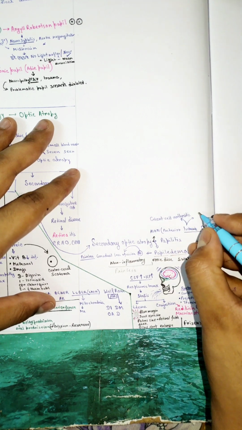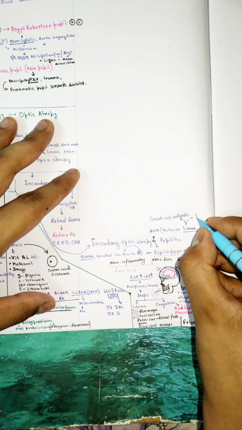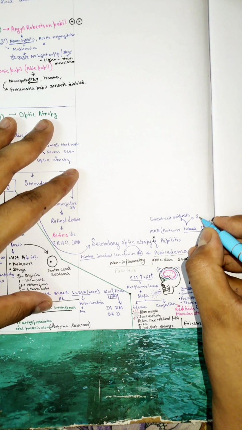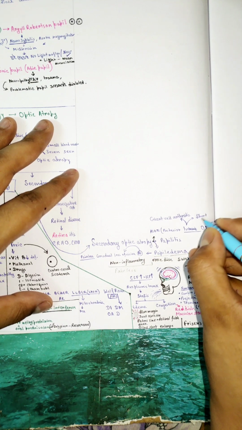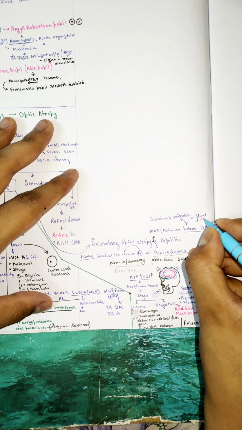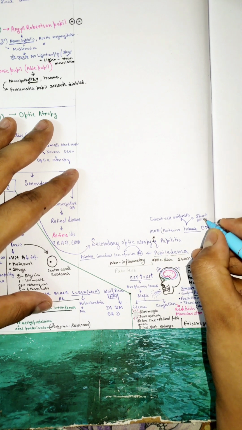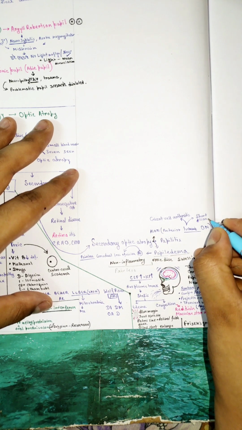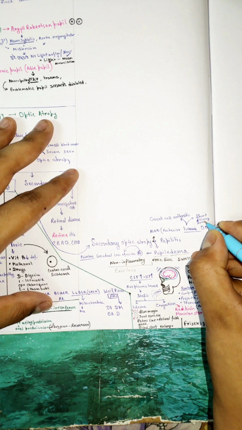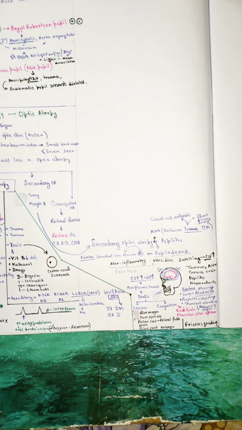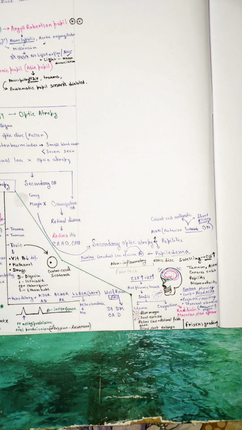The other one is short ciliary artery problem.